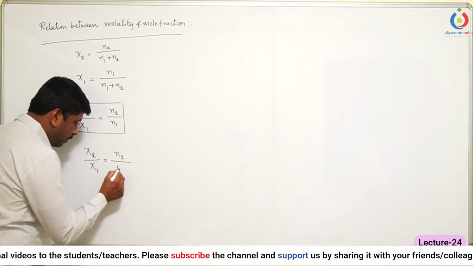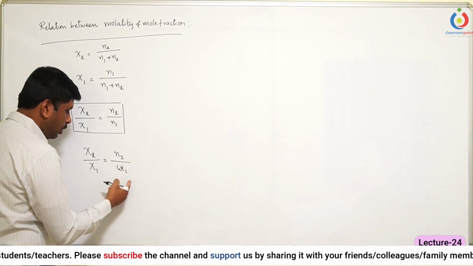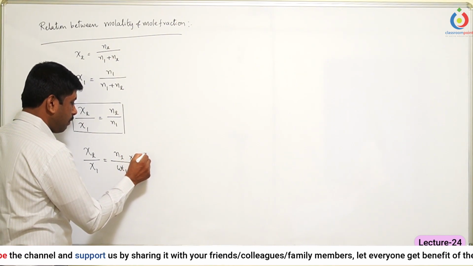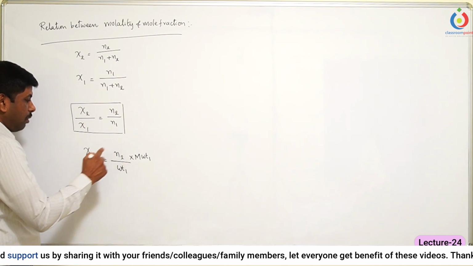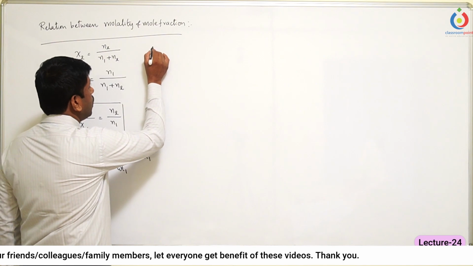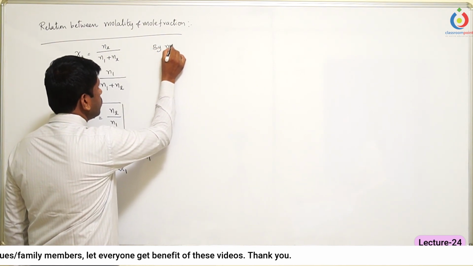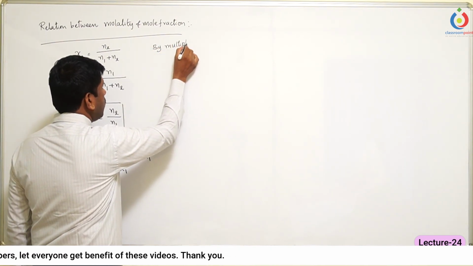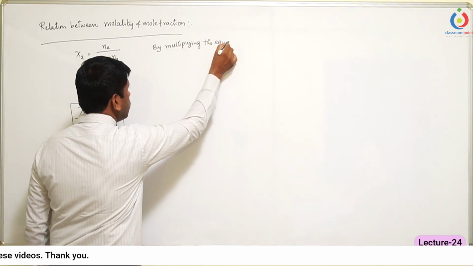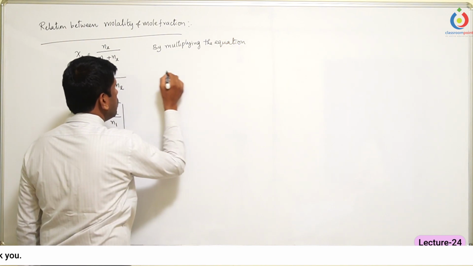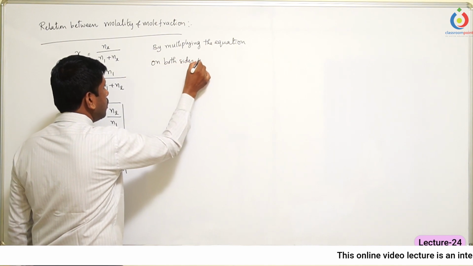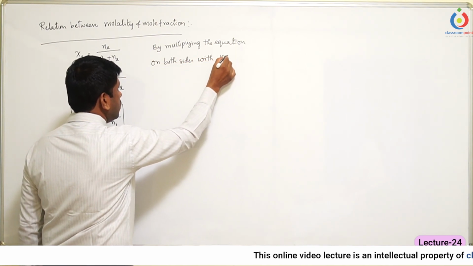I am taking the weight of the solvent as 1, and the molecular mass of the solvent goes to the numerator, so it becomes the molecular weight of the solvent. Now multiply the equation on both sides with 1000.